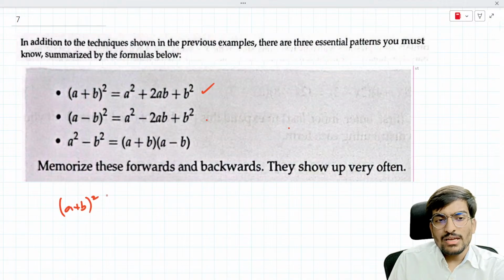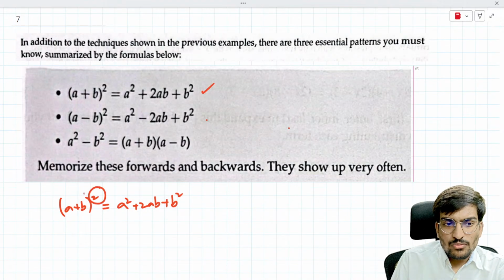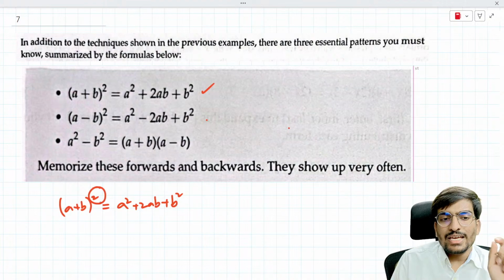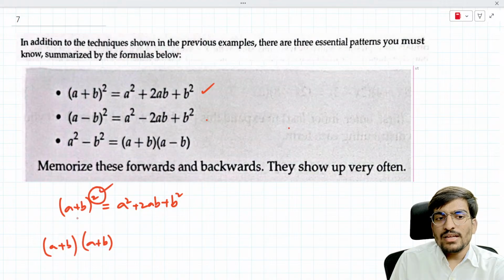What we do, we just use what we learned in exponents. The meaning of power 2 is nothing but a plus b times a plus b. Exponent is something that says the base is multiplied by itself 2 times.